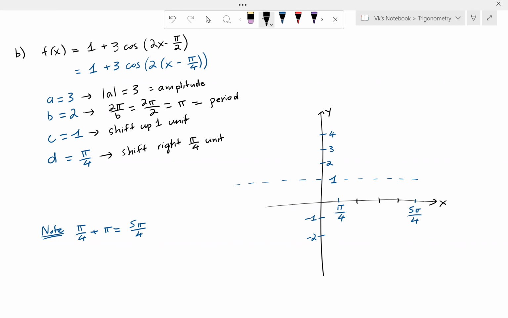Cosine has the V-shaped graph, right? So the first point is going to be the maximum. Second point is the minimum. The third point is the maximum. It goes down and up. The remaining 2 points are right in the middle, like this. So now we can sketch the graph of cosine by connecting them with a smooth curve.